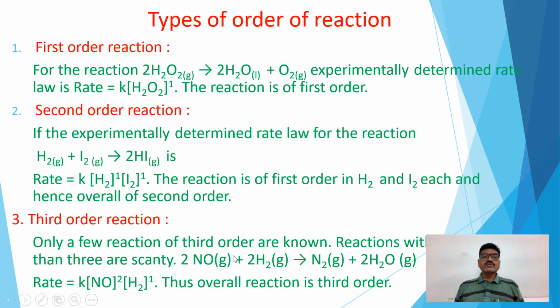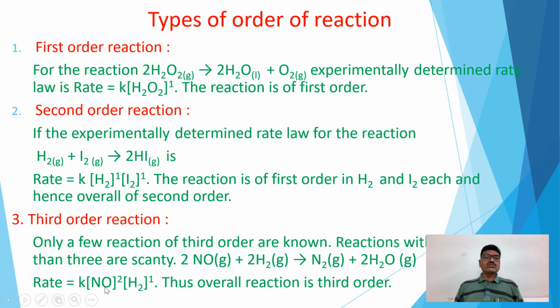Only a few reactions of third order are known. Reactions with orders higher than 3 are scanty. So very few reactions are observed in which the order of reaction is 3. Look at this example: 2NO gaseous plus 2H2 gaseous gives N2 gaseous plus 2H2O gaseous. The experimentally determined rate equation or rate law is like this.